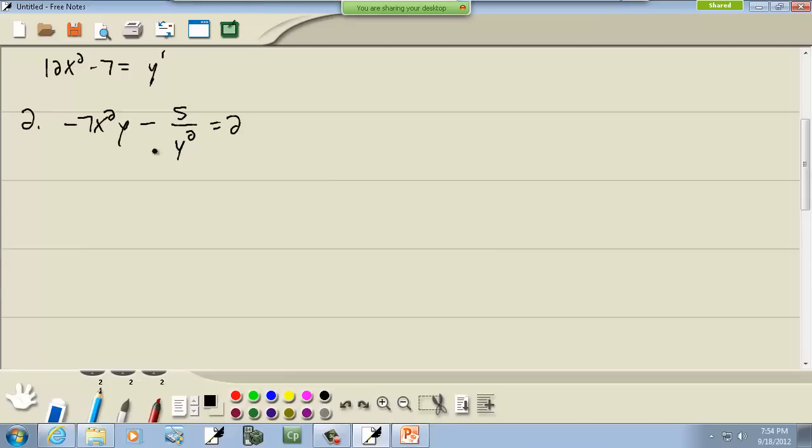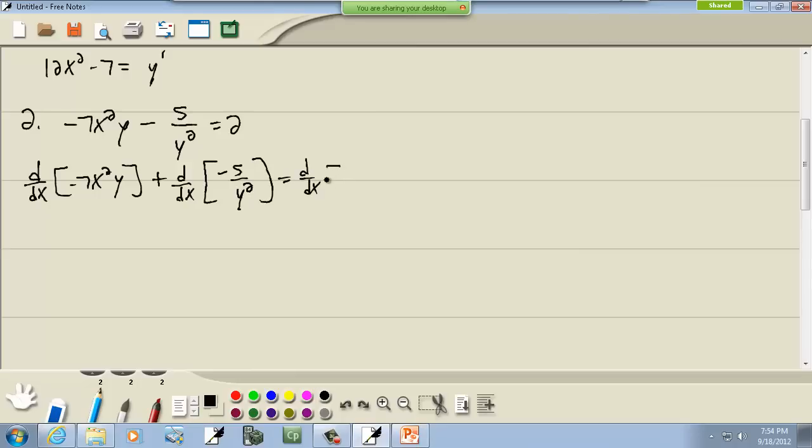I mean, we could get rid of the fraction, multiply everything by y squared, but then it becomes really hideous, and probably there's no way to actually solve for y, easily anyway. Well, instead of doing that, let's just take the derivative of everything where it's sitting. So I'm going to take the derivative of negative 7x squared y. Take the derivative of the negative 5 over y squared. And we'll take the derivative of 2.